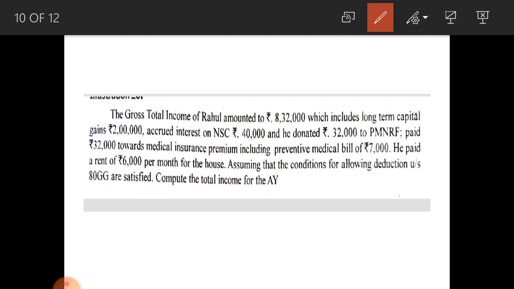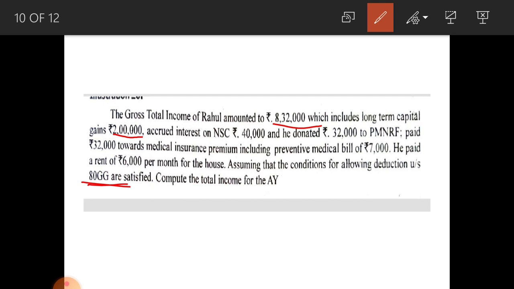Gross total income 8,32,000 and long term capital gain 2 lakhs rupees. This is the information relating to computation of adjusted total income for the computation of deduction under section 80 GG. So, when you compute adjusted total income, you have to deduct 2 lakhs from this 8,32,000 along with other deduction under section 80.